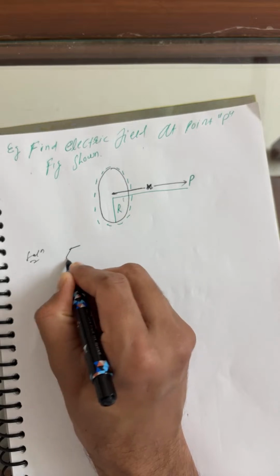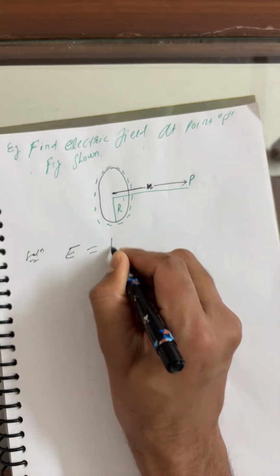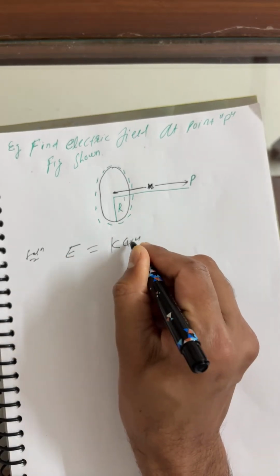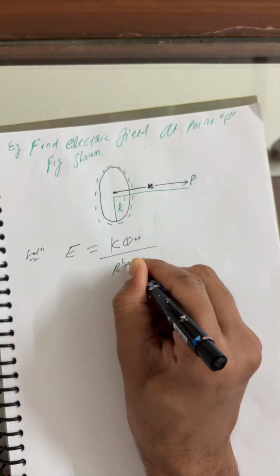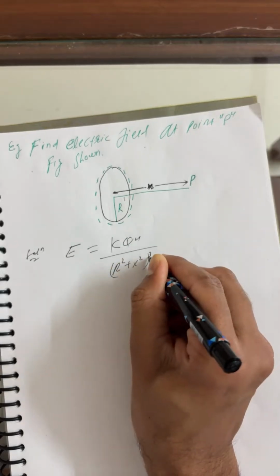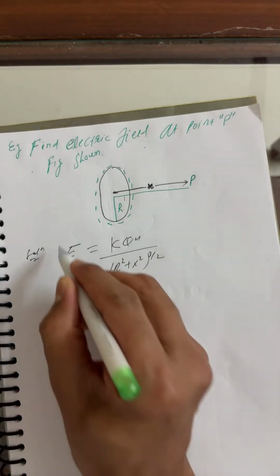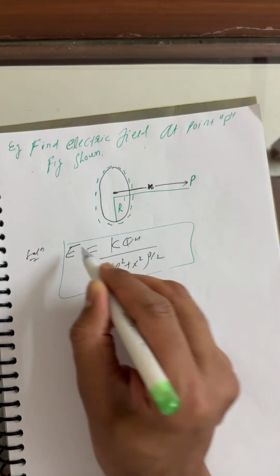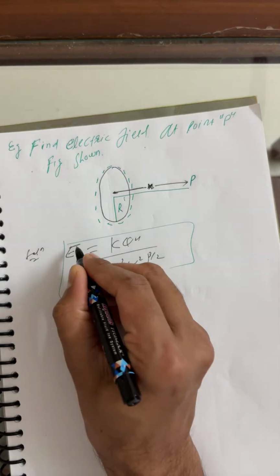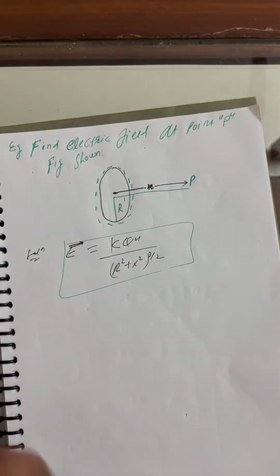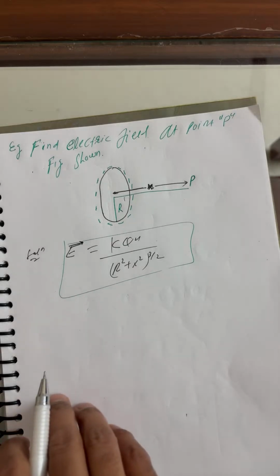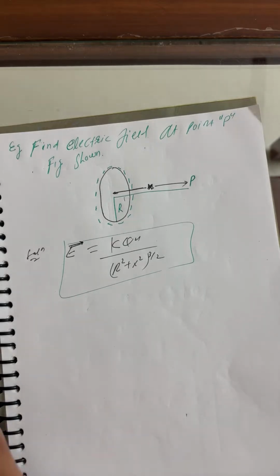I hope all of you remember the formula of electric field: K Q X upon R square plus X square power 3 by 2.